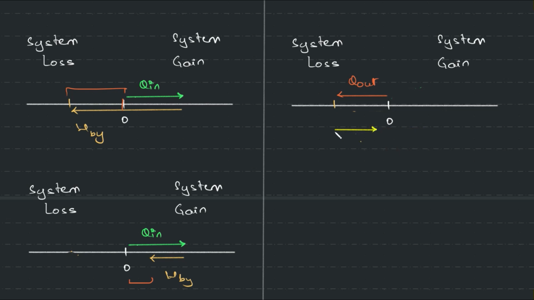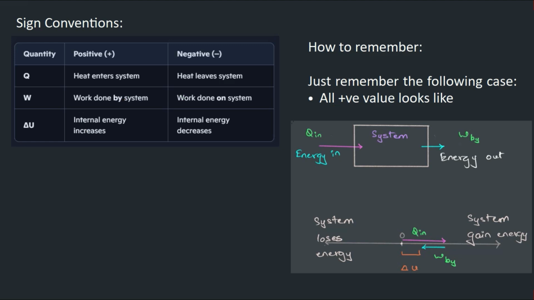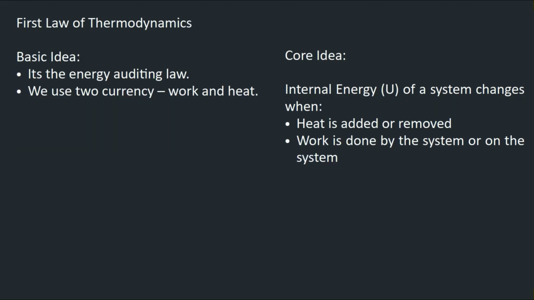For example, if the work done on the system is lesser than the energy it loses in the form of heat, then overall, the system is losing energy. So that's all it represents. I think there are a few more possibilities in this manner. So that's it. I think I'm done with introducing the first law.